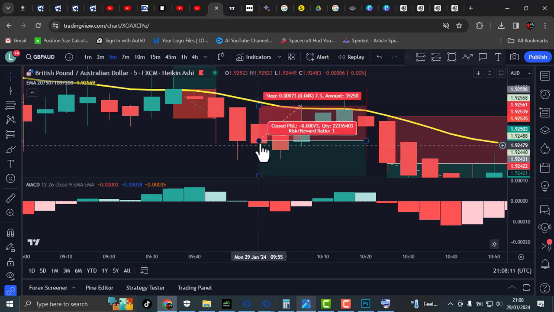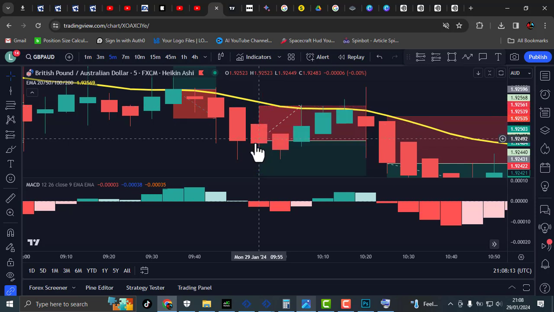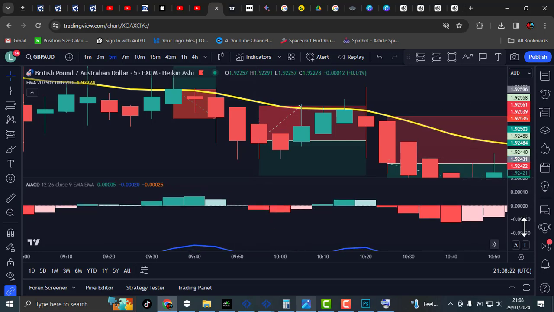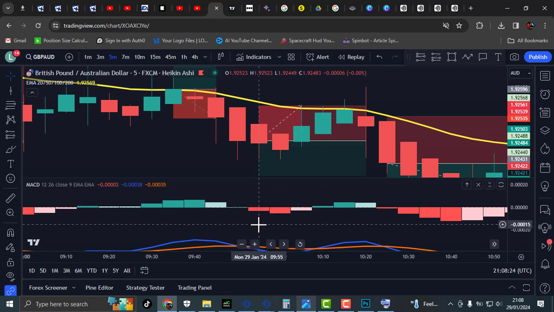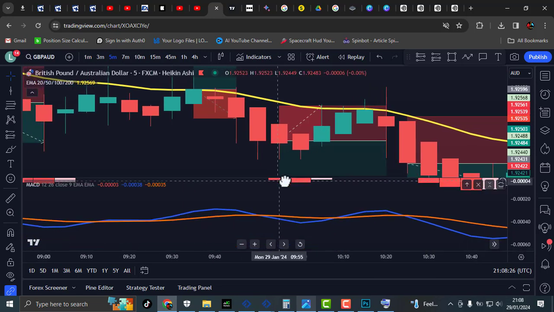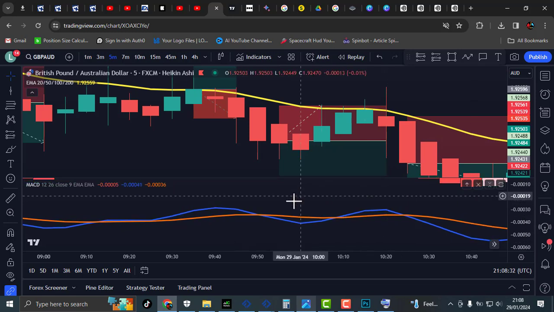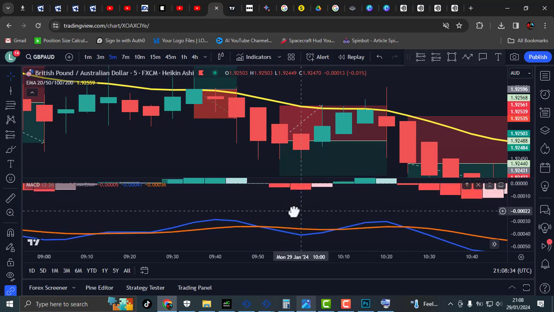Price closes below the moving average, and the MACD histogram, the MACD gram, is in red. Sorry, I have to zoom out and zoom in a lot to make things appear over here.